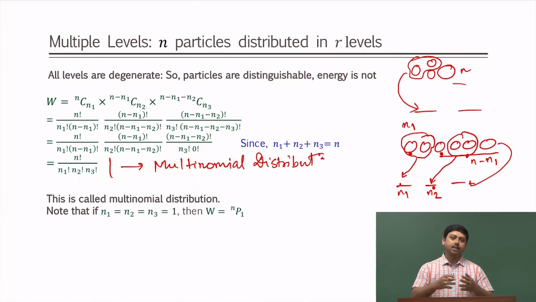That means it is nothing but a permutation of those particles, because I am choosing one or all of them to put in the different levels. It is just a digression to that.